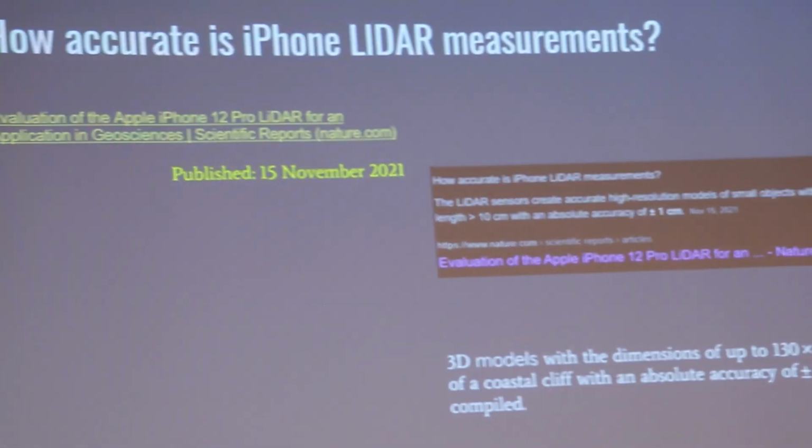all the previous LiDAR data that we used to collect from other instruments. When I was at A&M, my professor said that what engineers care most about is how accurate the data is, how sensitive our data is. And there is published research in Nature magazine, the number one publication in the world, which said that iOS measurements using the 3D Scanner app are as accurate as 10 centimeters when you measure objects of 10 meters or bigger.